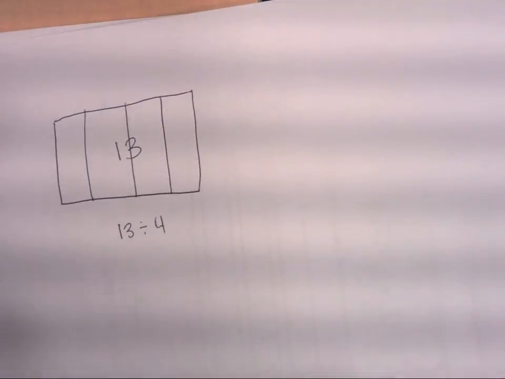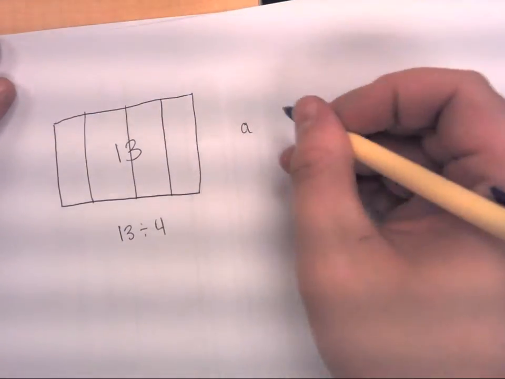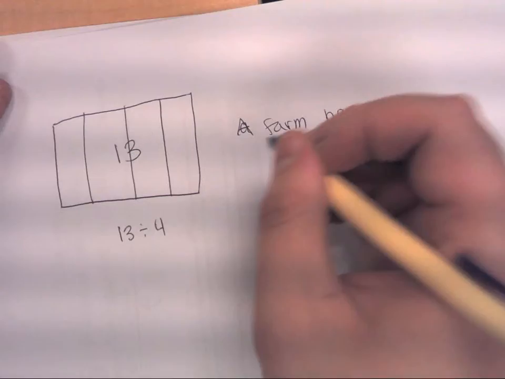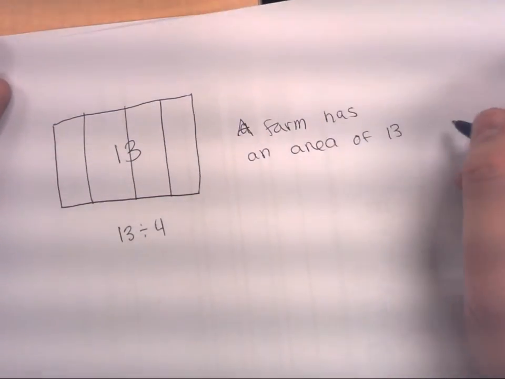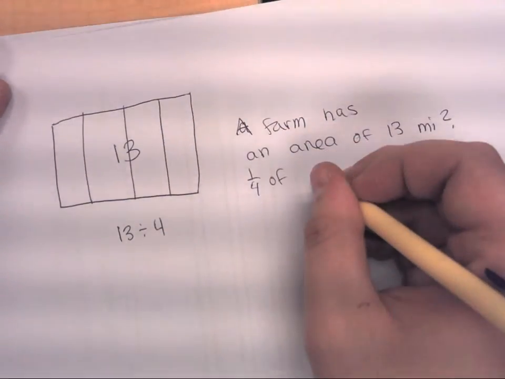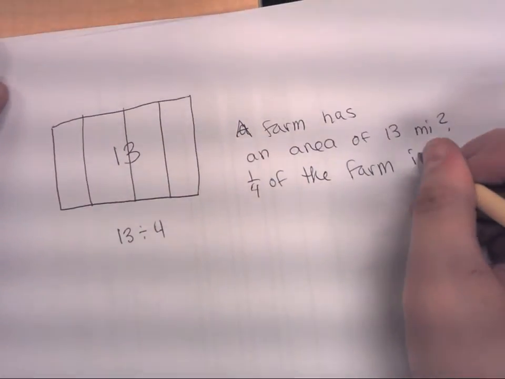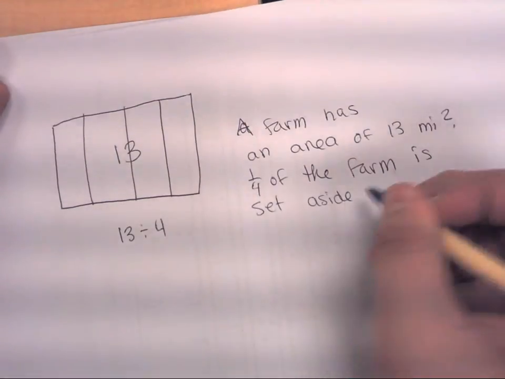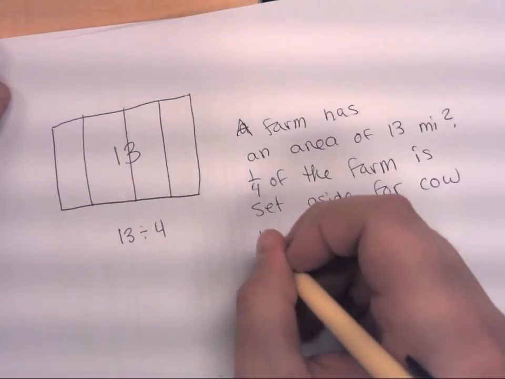And if we go back to the farm example, we could say, a farm has an area of 13 square miles. 1/4 of the farm is set aside for cow pastures.